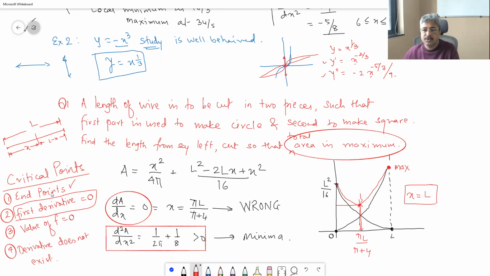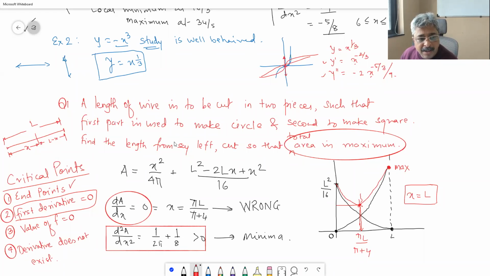So this is the first example that we have solved, and we stop here for today. We will solve many problems in the next lecture, next week. But the theory required for solving maximum minimum problems is done.